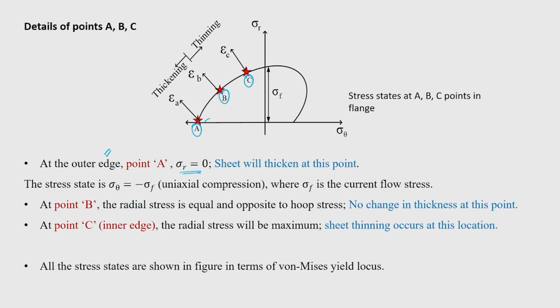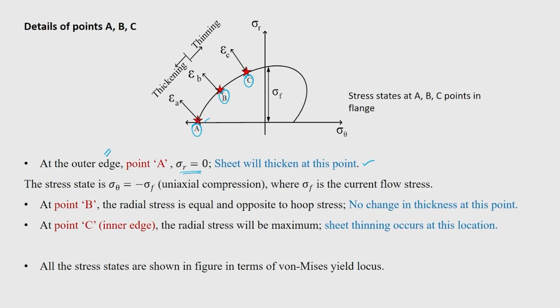We have already seen that at this location the sheet will thicken. We have seen this as an example, and I think we also worked out why the sheet has thickened. In fact, one numerical problem we solved in the previous chapter also tells that if you follow this particular mode of deformation, the sheet would have thickened when compared to its original thickness.